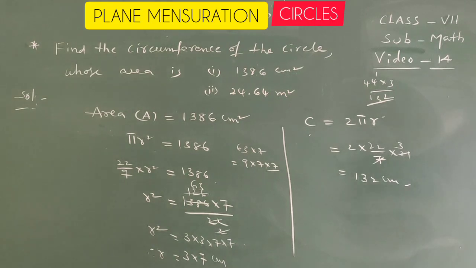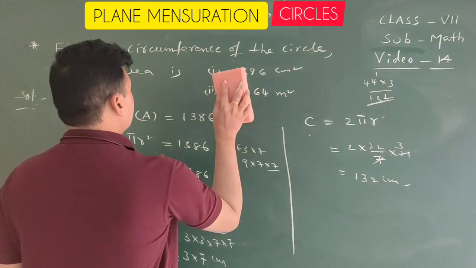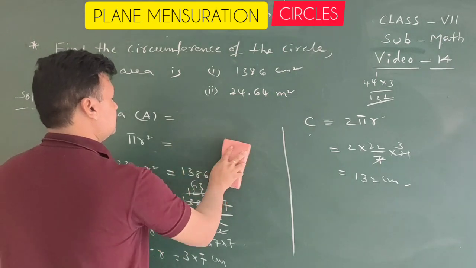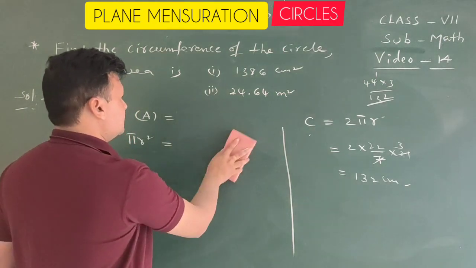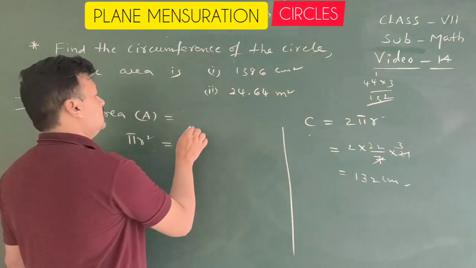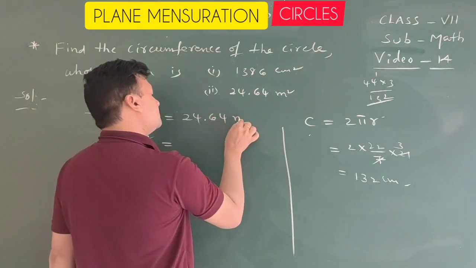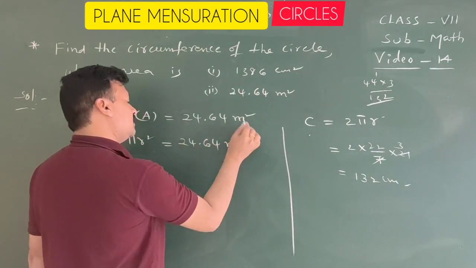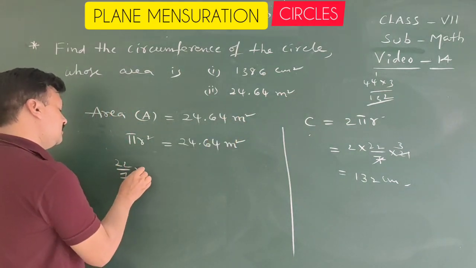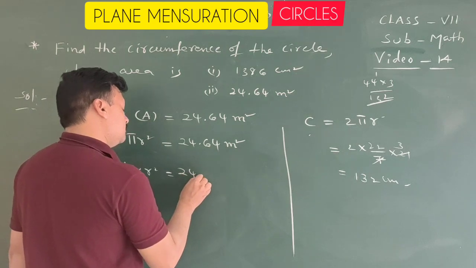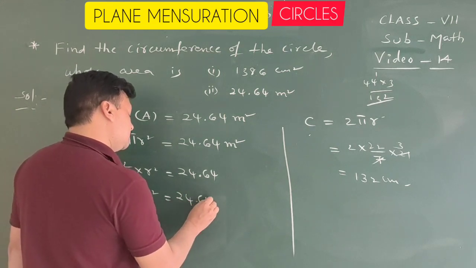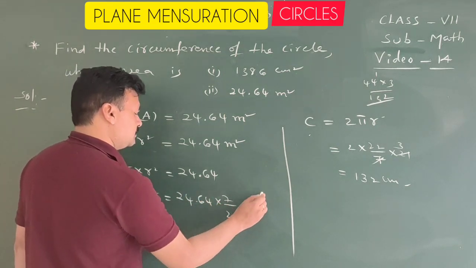Next. In second one, area is 24.64 meters square. Now pi r square equal to 24.64 meters square. 22 by 7 into r square equal to 24.64. So r square equal to 24.64 into 7 by 22.